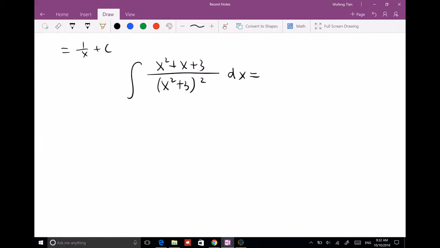So, this one could be decomposed into two fractions. Can anyone tell me what you think the factors would be, the fractions? A over x squared plus 3 plus B over (x squared plus 3) squared. Alright, so Lacey says it's x plus 3 squared. Any different answers?